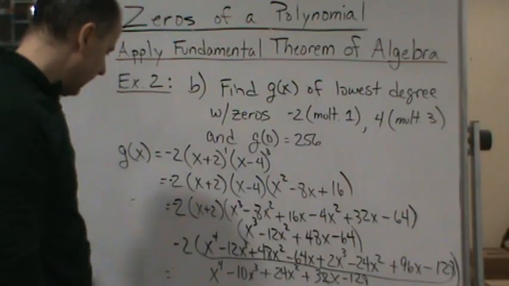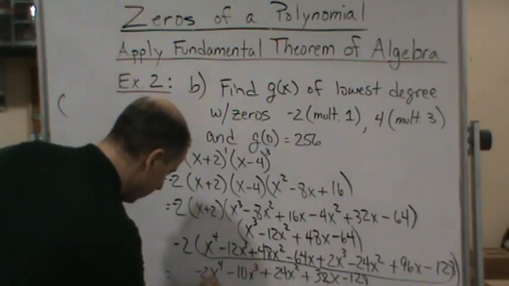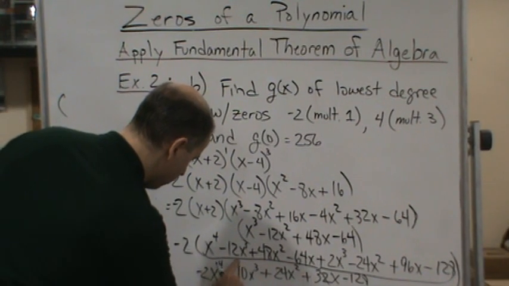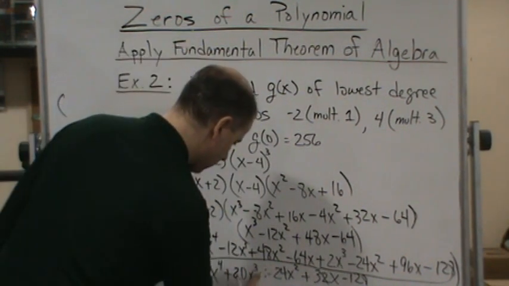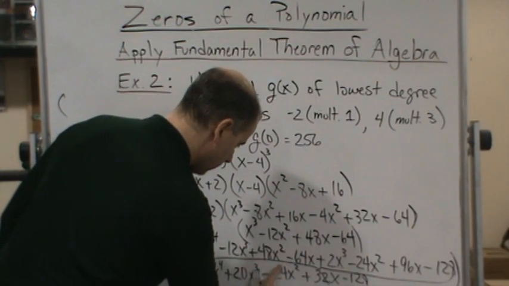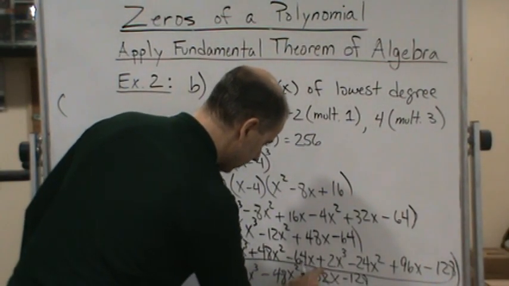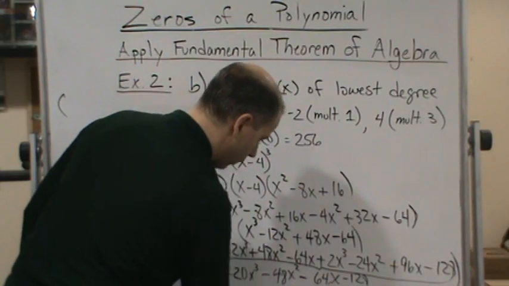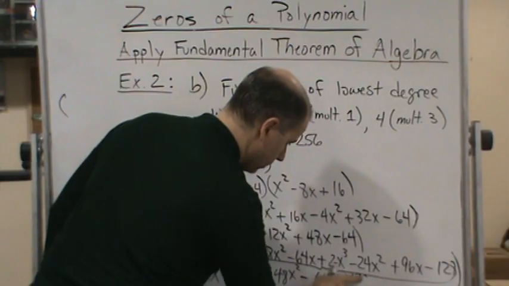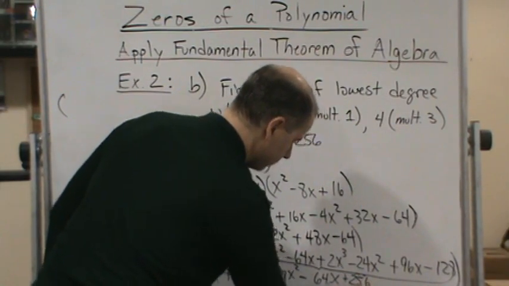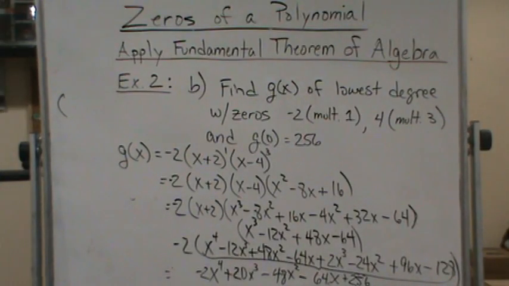And then if you multiply everything by -2, you get -2x to the fourth plus 20x cubed minus 48x squared minus 64x plus 256. Woo! And that's it. Not bad.